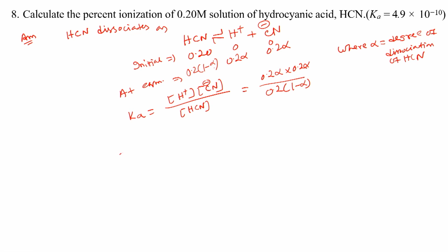So, now you substitute the value of Ka. Ka is 4.9 times 10 to the minus 10, the 0.2 cancels, you get 0.2 times alpha square by 1 minus alpha. So, you can actually write 0.2 alpha square by 1, considering alpha is very small compared to 1.